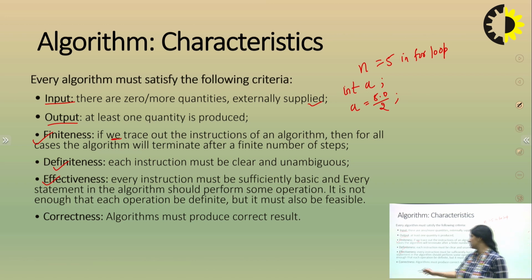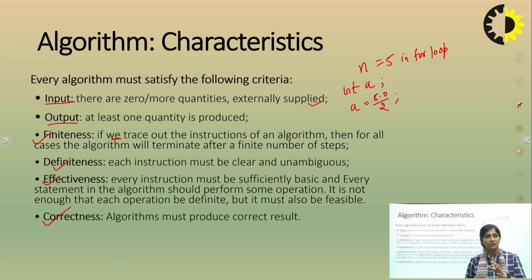Next is the correctness. The algorithm must produce the correct result. Means the algorithm you are taking must produce the correct result. Means I have given you a problem, selection sort, and you are finding the output through quick sort. If I give you add two numbers, but here you are taking the output as subtract two numbers, this is not the exact result.